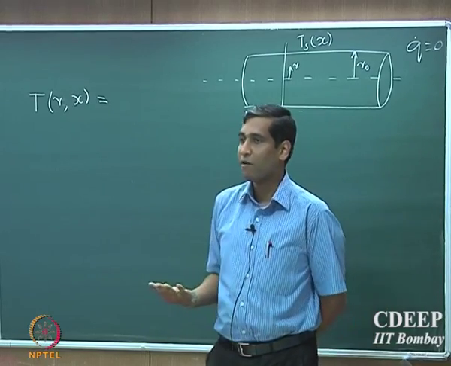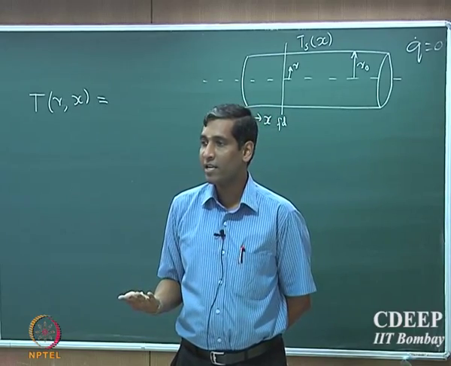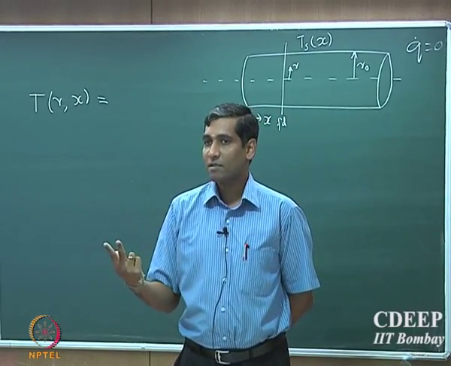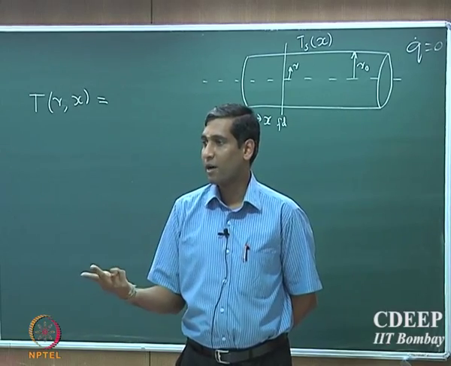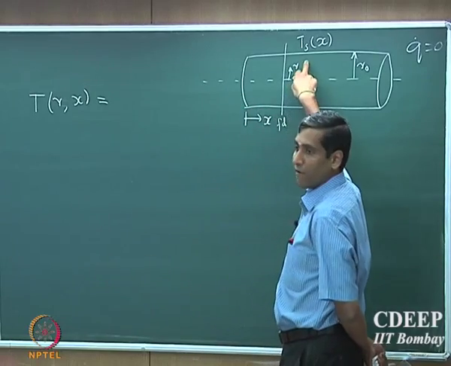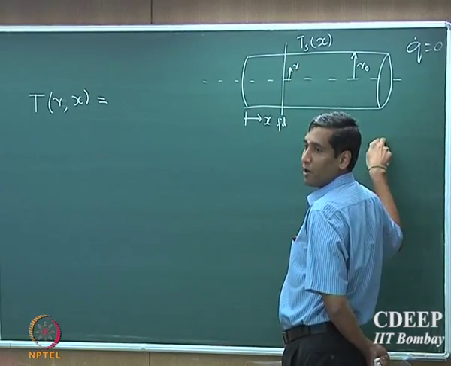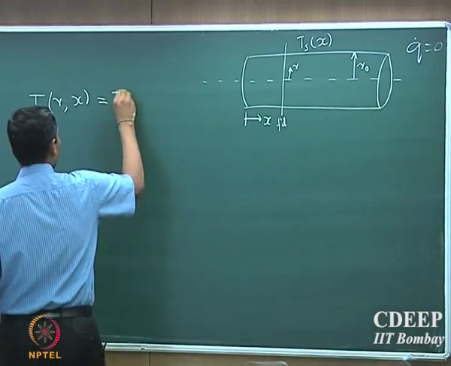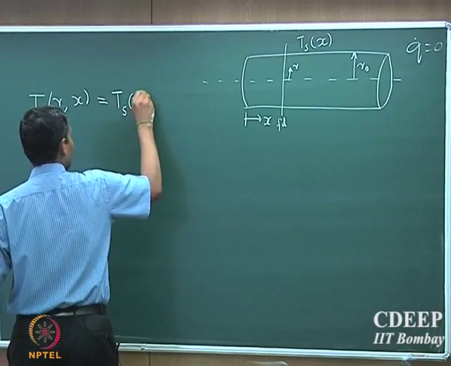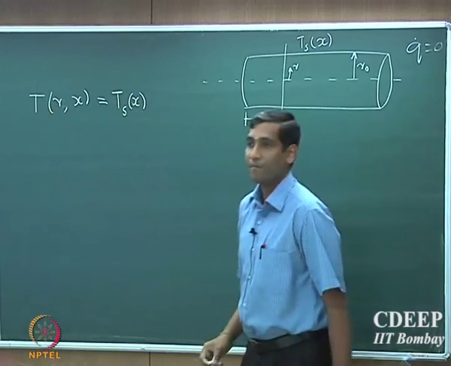So, by separation of variables you should be able to get two functions. It will be a product of two functions. One will be a function of the radial direction, one will be a function of the axial direction. Okay. So, therefore, the general form of the solution will be Ts of x.